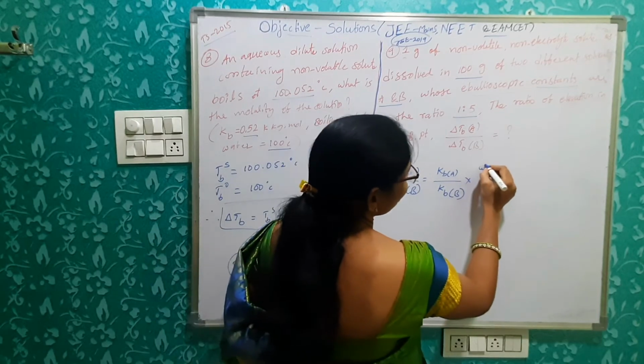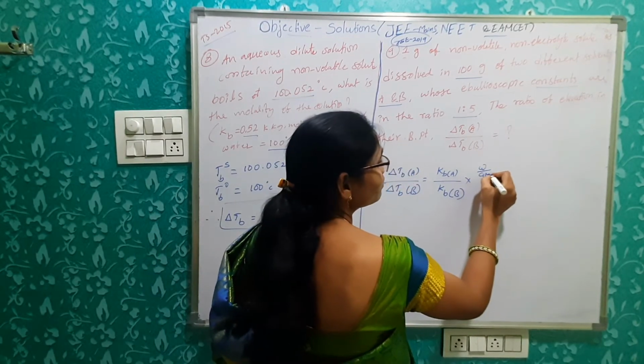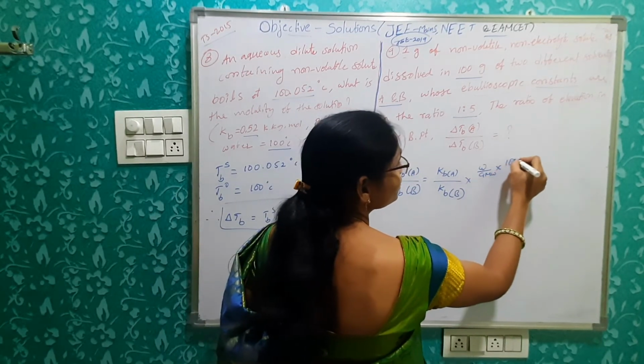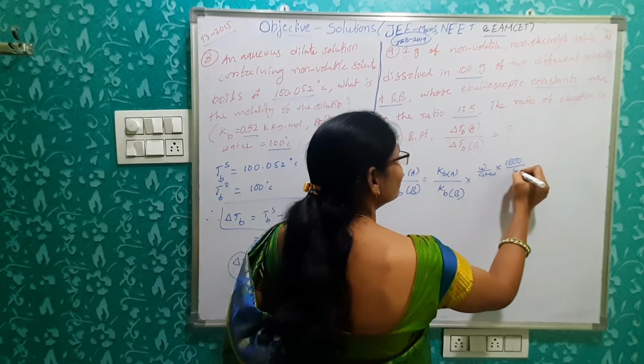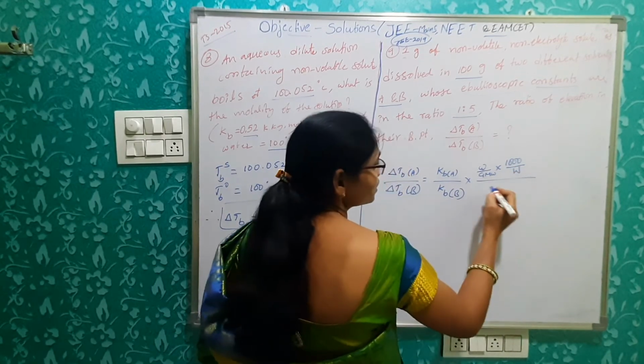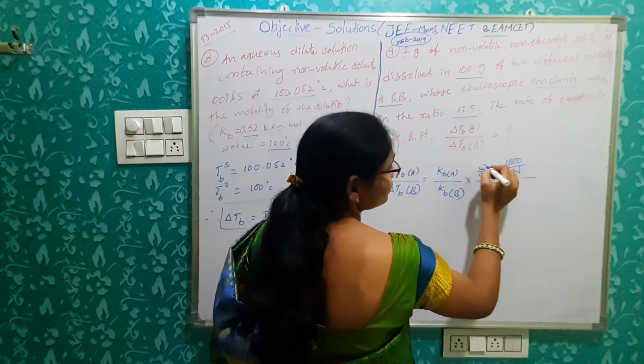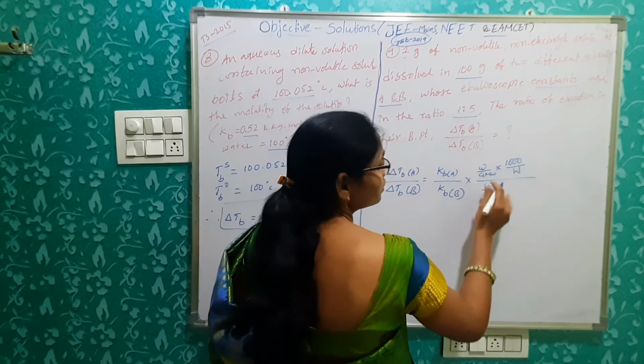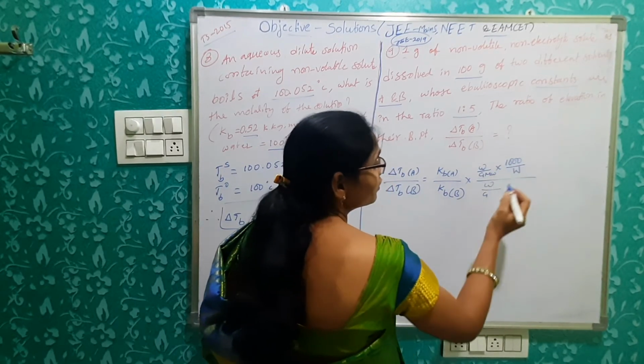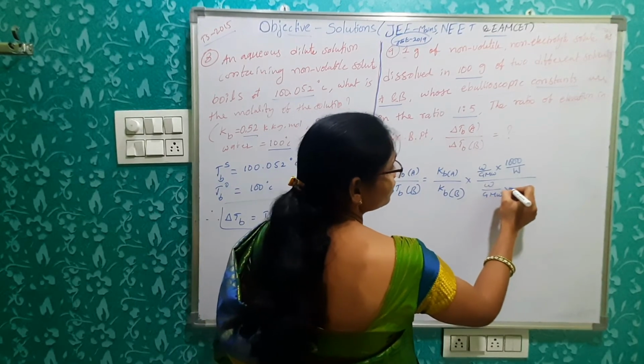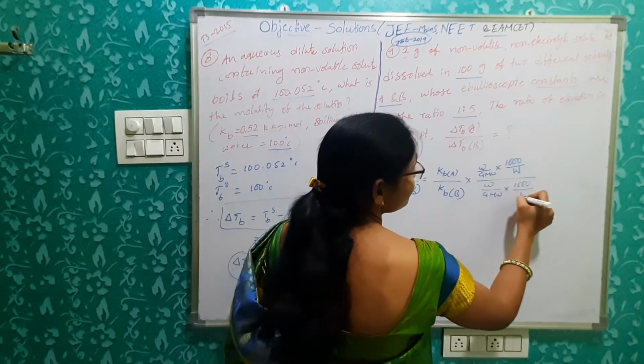Simply write weight of solute by gram molecular weight of solute into 1000 by weight of solvent in grams. This is for A solvent, and this is for B solvent.